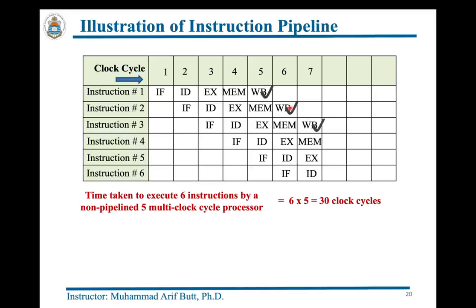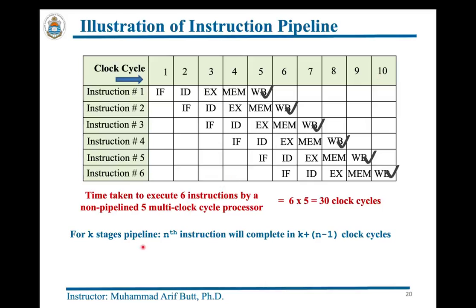So at clock cycle 7, instruction 3 gets completely executed. Clock cycle 8, instruction 4 goes out. Clock cycle 9, instruction 5 goes out. And finally at clock cycle 10, instruction 6 is completely executed. So instruction 6 completes at clock cycle 10 instead of clock cycle 30 in case of a non-pipeline processor.